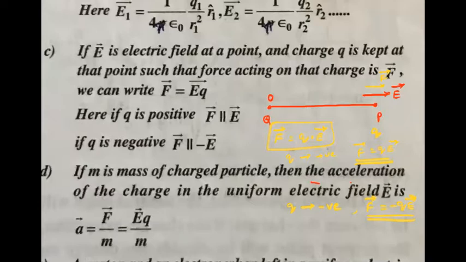And when the charge is negative, the electric field acts in this direction and the force acts opposite to it. That's why if Q is positive, F bar is parallel to E bar, and if Q is negative, F bar is anti-parallel to E bar.